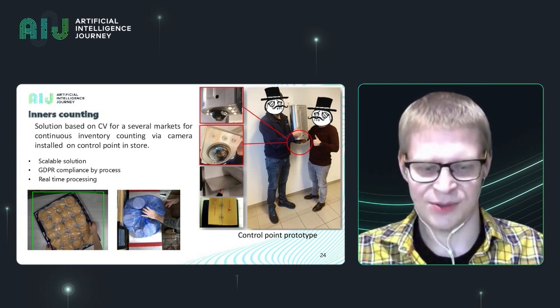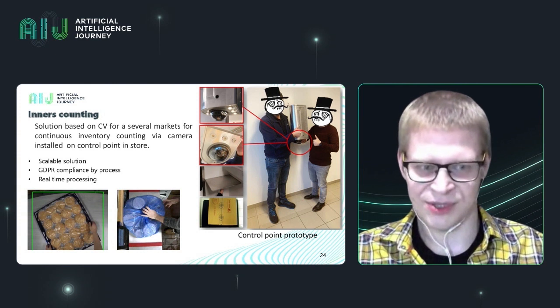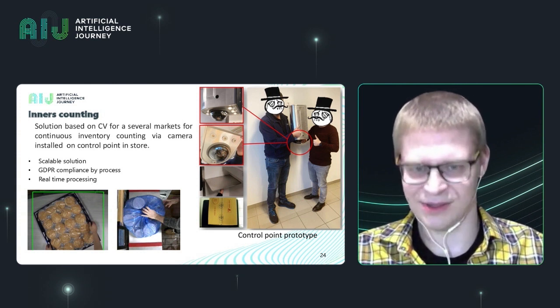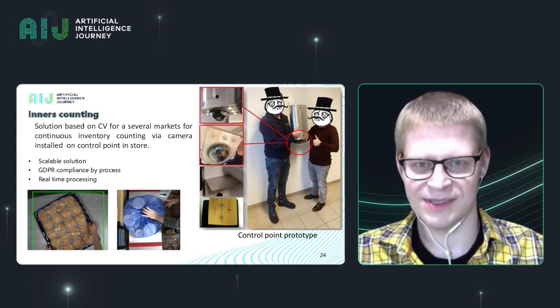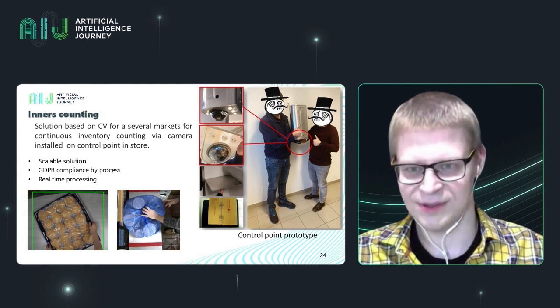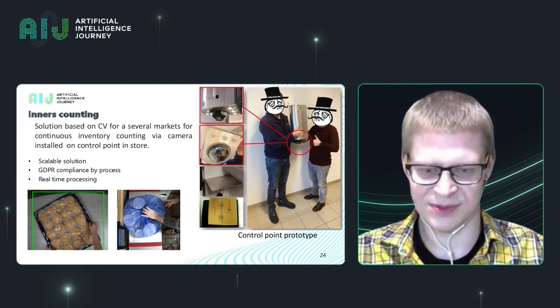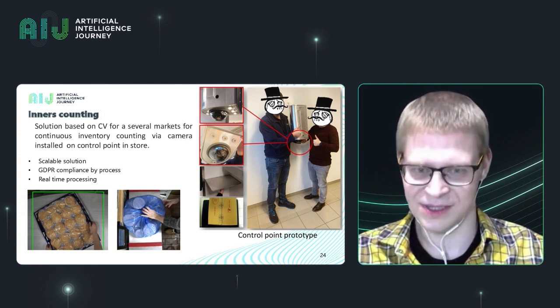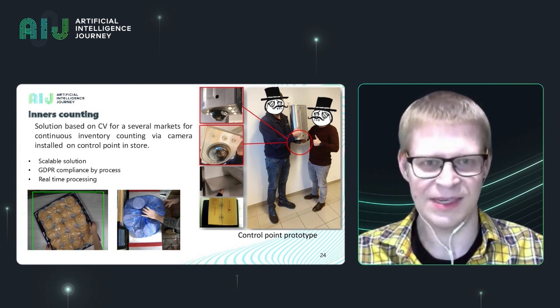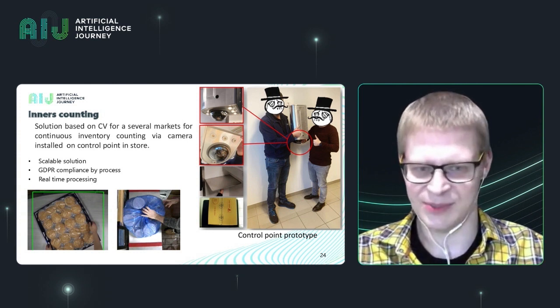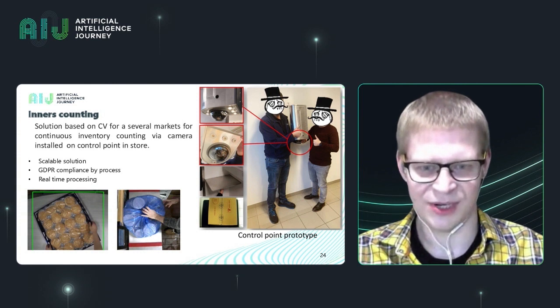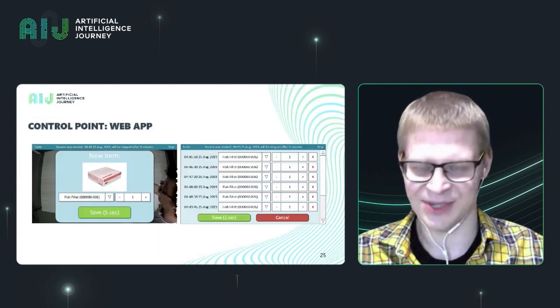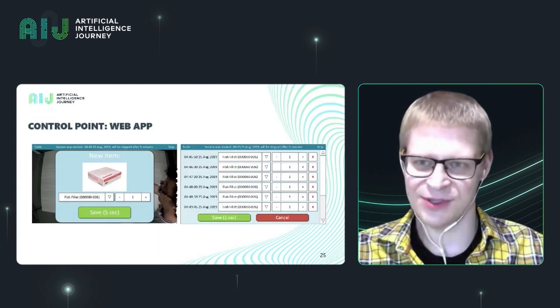So, having this sort of device, it is possible to scale. And that is good, because this sort of device can be installed not only in the warehouse, but also in a fridge, even in the freezer, because this device is heated and it can work in an industrial freezer.